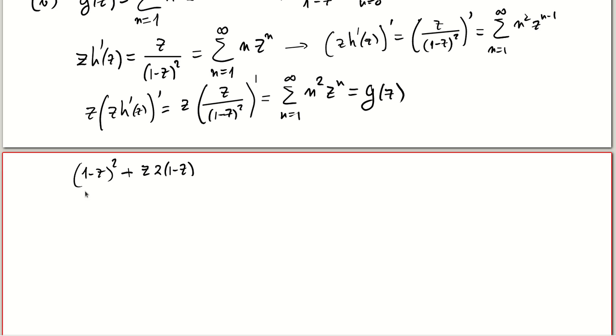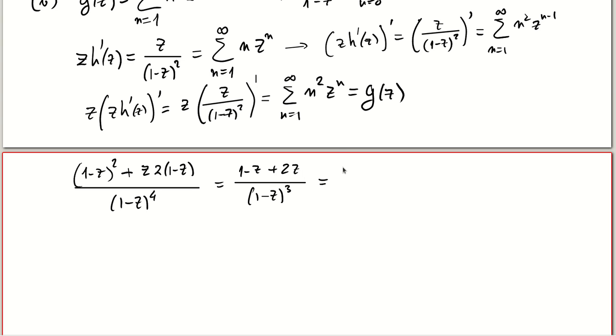All right? And then you divide this by (1 − z)^4, which is the square of the denominator. Well, there is one common factor here, 1 − z, which cancels. So you have 1 − z here, plus 2z, and down here you have (1 − z)^3.